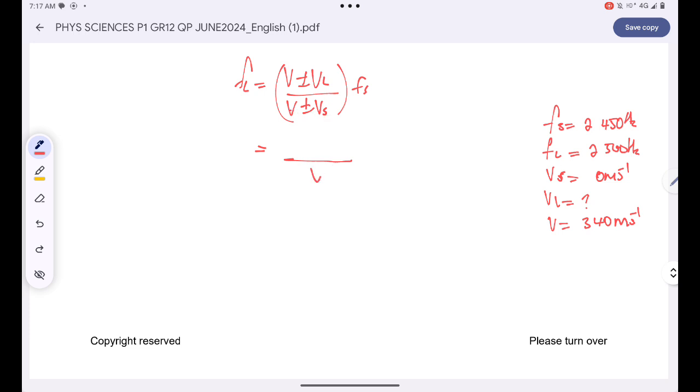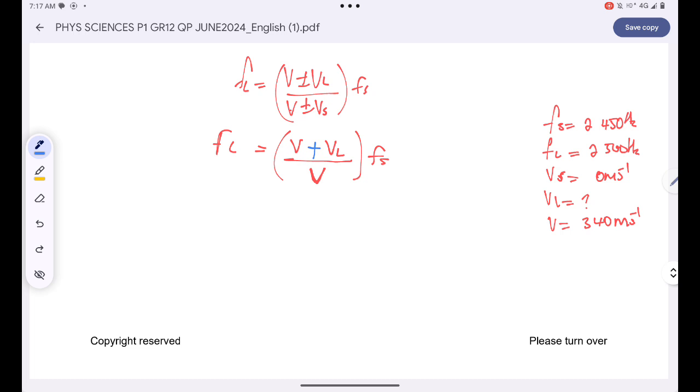Basically I'll be left with v. Are you together? But now remember, guys, at the top I have v and vL. I must choose plus or minus over there. So since the listener is moving towards the source, at the top you should always have a plus.